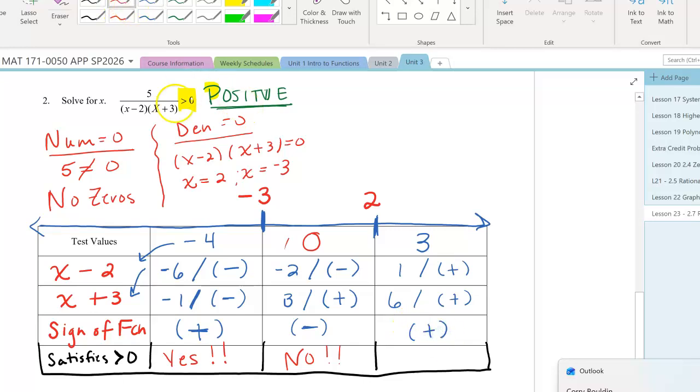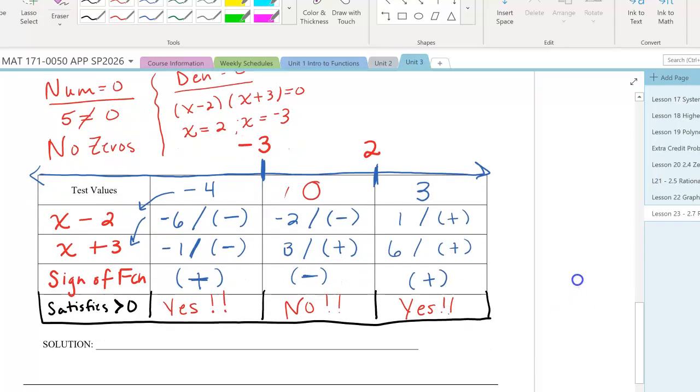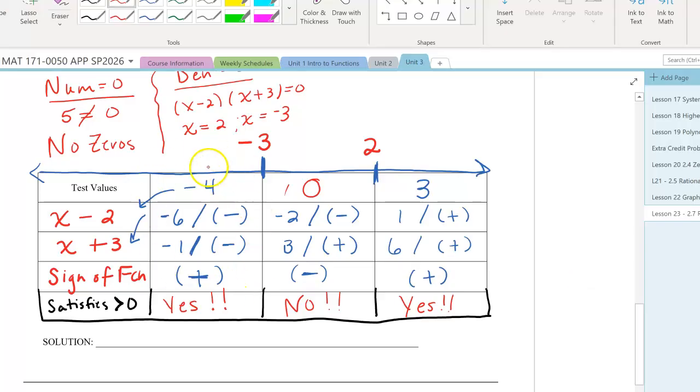And so since my inequality is greater than 0, the x values in this interval satisfy that inequality. So my solutions are this interval, from negative infinity up to negative 3, and this interval, from 2 to infinity.